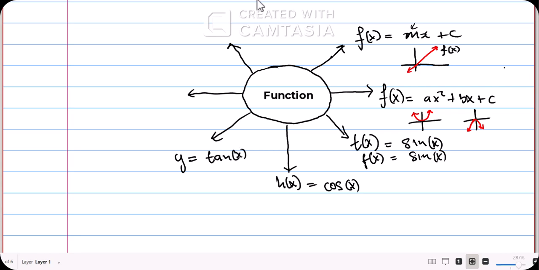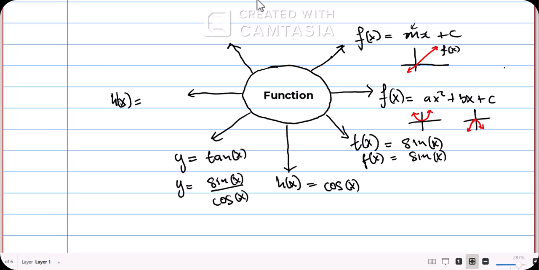Tan is also written as sine of x divided by cos of x. We are going to go through the functions, so don't worry.